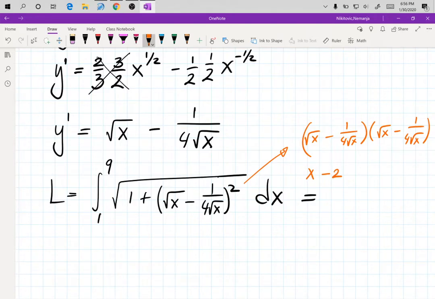Do we remember a squared minus 2ab plus b squared? Hopefully. So we can skip a couple of steps. Do you see that when you multiply a and b, they will cancel root x? So you just have a quarter. Do we all see that for the middle term? And then plus the last term is squared, so 1 over 16x.